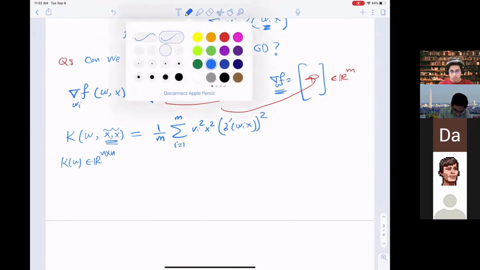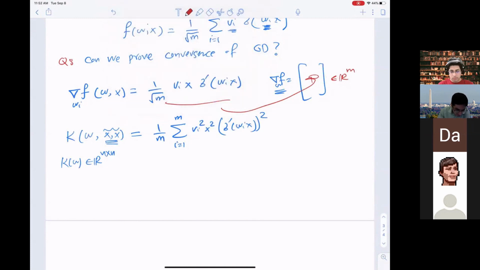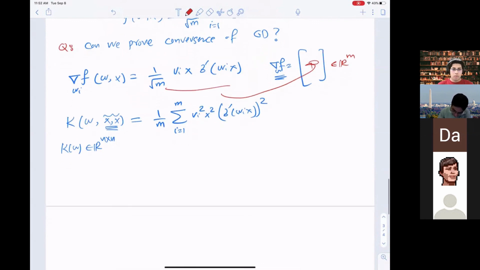These are very simple calculations, but they build some muscles for doing these derivatives. We assume the v_i's are fixed, either +1 or -1, so v_i squared is always 1. We have an activation sigma whose derivative, sigma prime, is bounded by a constant, and x's whose magnitude is also bounded by a constant. These are pretty fair assumptions.